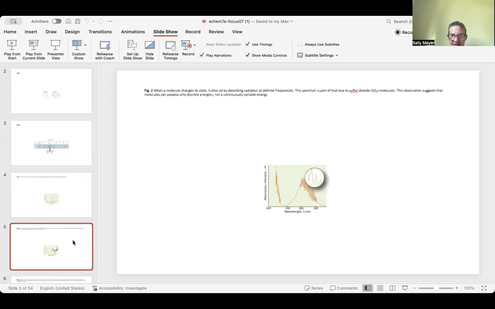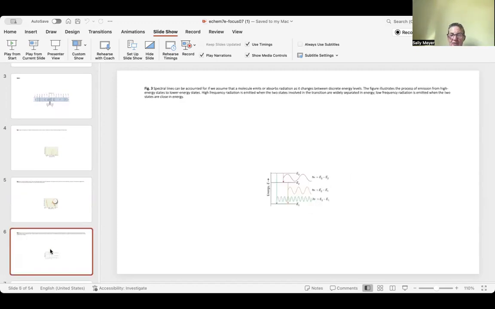So if you're looking at molecules, it's very, very similar, except that molecules have so many different places to put energy compared to atoms. So you don't get those nice peaks, but you get spread out peaks that have fine structure. So might be the electron moving, also the molecule changing rotational state, something like that.